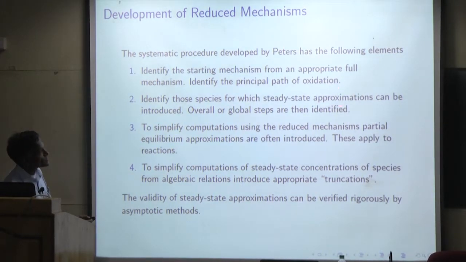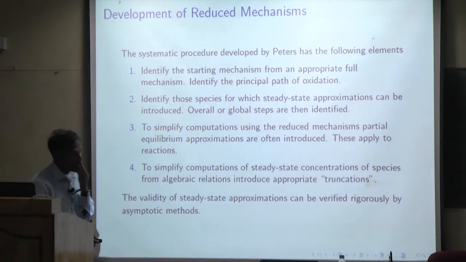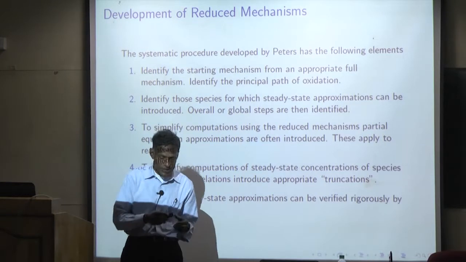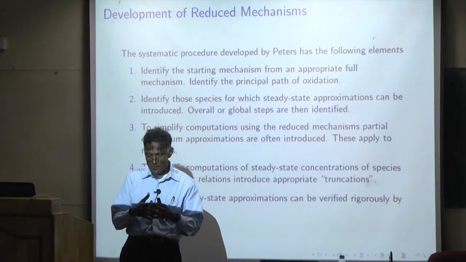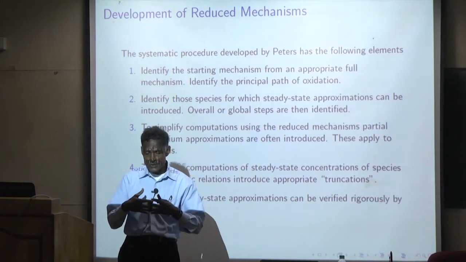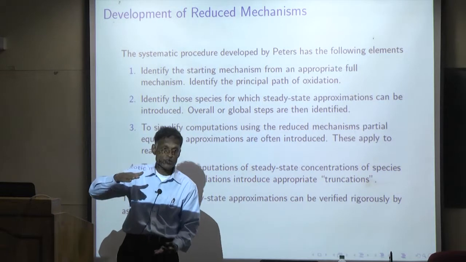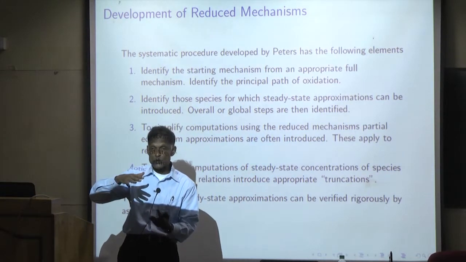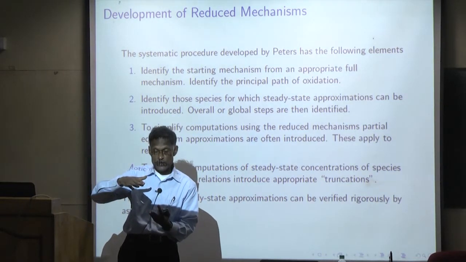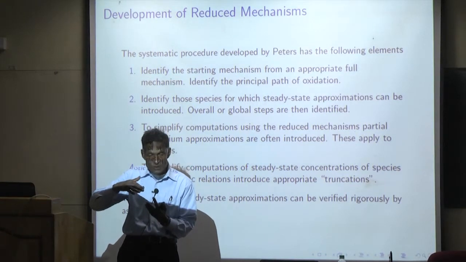Next, identify species. Then what we do is introduce what is known as steady-state approximations. What a steady-state approximation does is reduce the differential equation to an algebraic equation. The idea is that for each species there's a differential equation; when we introduce the steady-state approximation for that species, it becomes an algebraic equation.